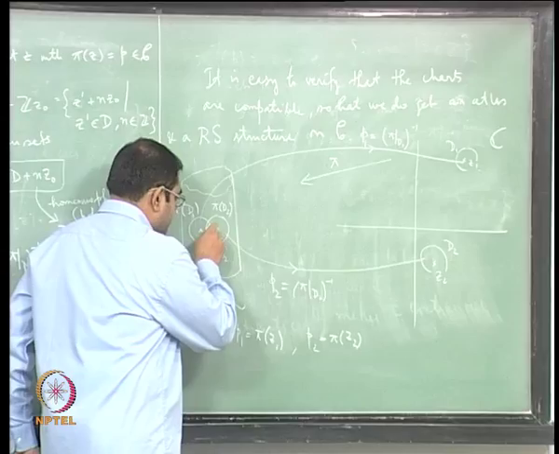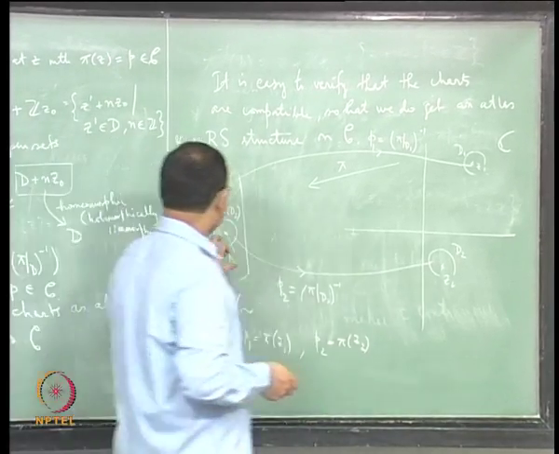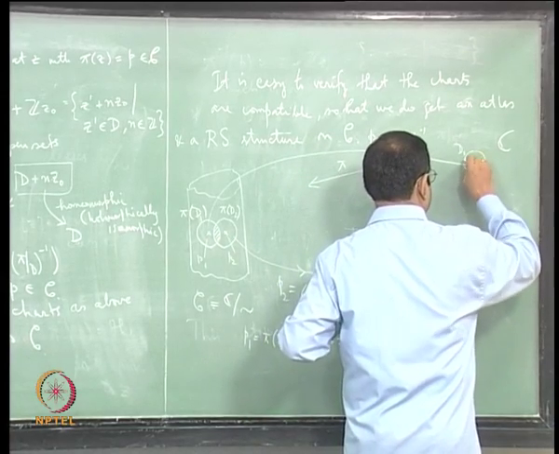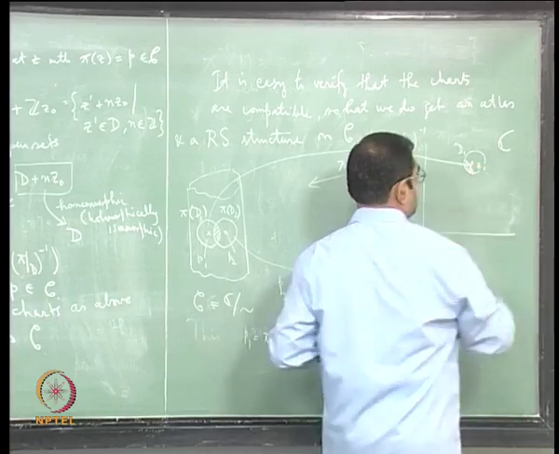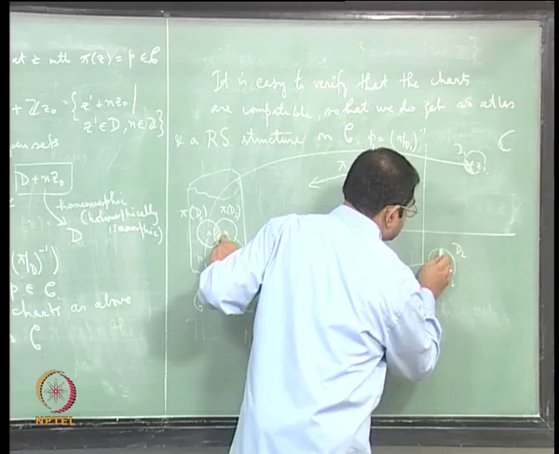Take this intersection, which is pi of D1 intersection pi of D2, and this will correspond to a piece of the disk here, and it will also correspond to a piece of the disk here.